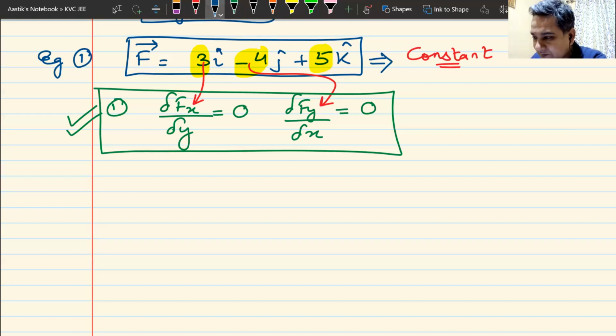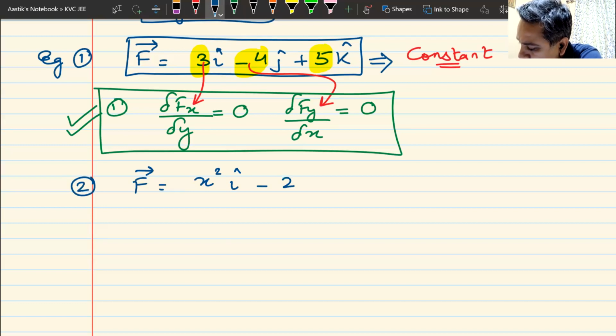Let me give you an example of another force and ask you whether it is conservative or not. I have written this force. F is x square i minus 2y j plus 3 times k.